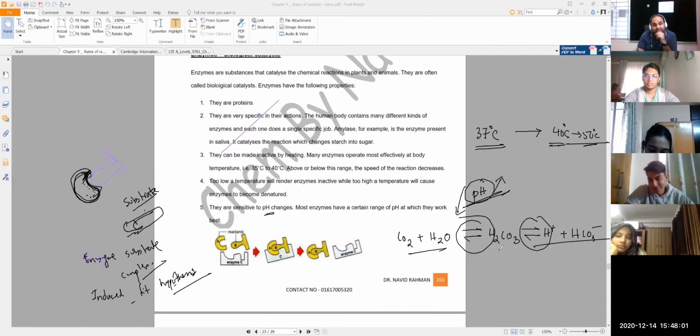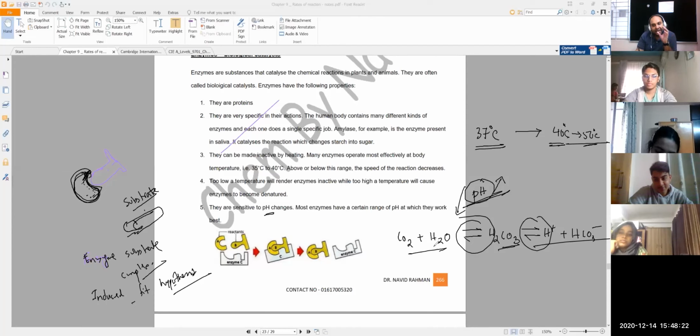Carbon dioxide and water is catalysed by carbonic anhydrase. So here, instead of carbonic anhydrase, if you give anything else, will it be able to work here? No. Never.